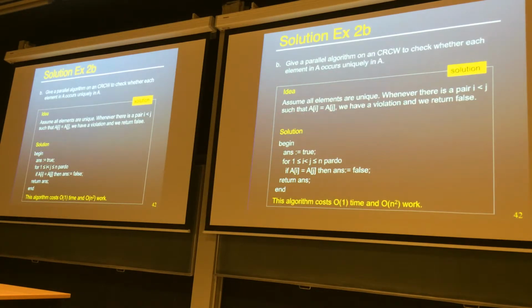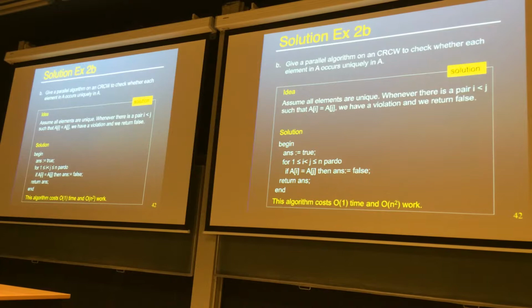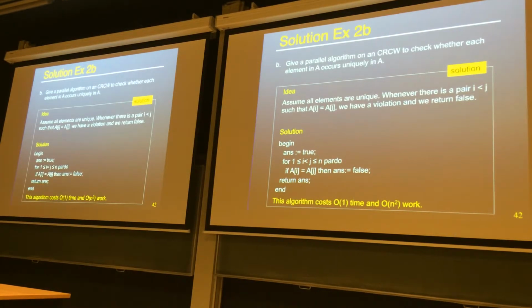So here it is. You start by setting the variable answer to true. And then for i less than j between 1 and n, you do a par-do loop. If a_i equals a_j, then set the answer to false. That's sufficient, because then finally you return the answer, and the algorithm gives you the correct result.